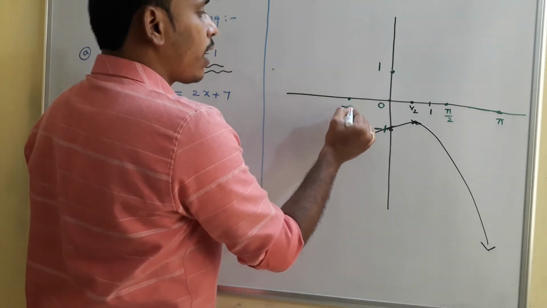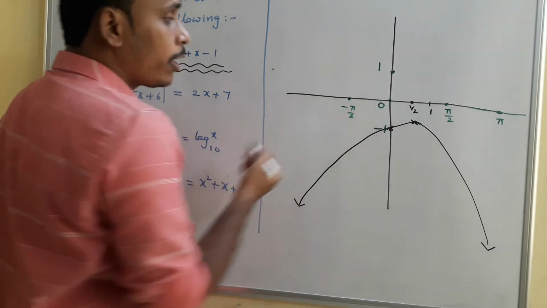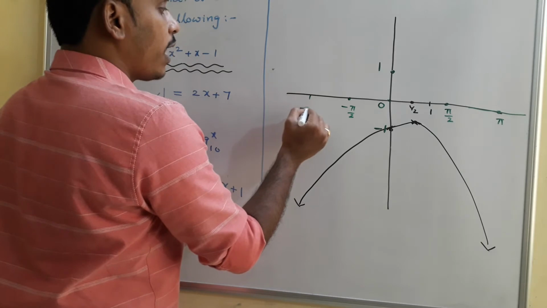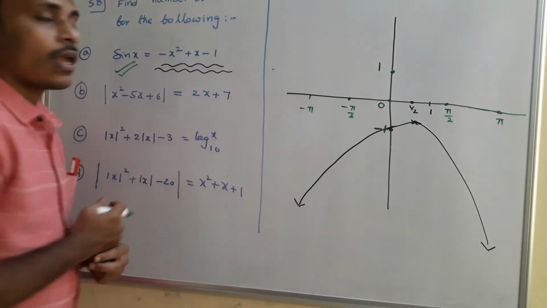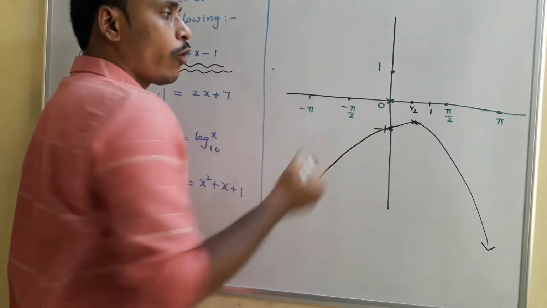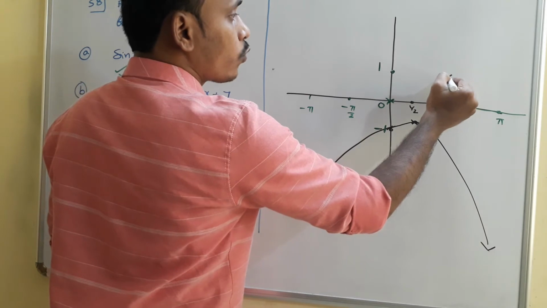In this direction, we have minus pi by 2, which is minus 1.57 actually, and somewhere here we have minus pi. Sin 0 degrees is 0. Sin of pi by 2, sin 90 degrees, is 1, so this is a point.